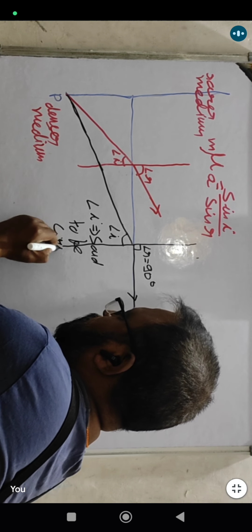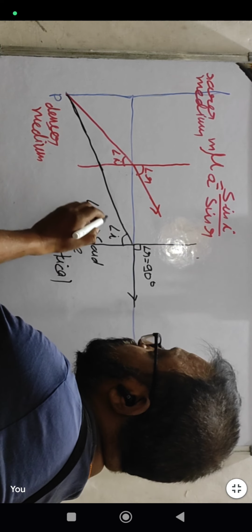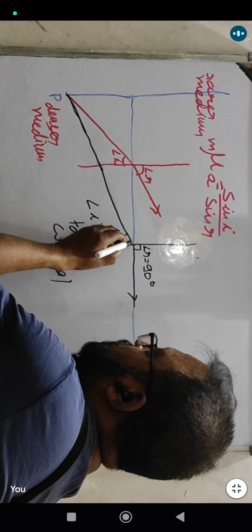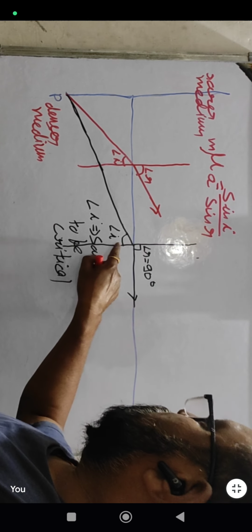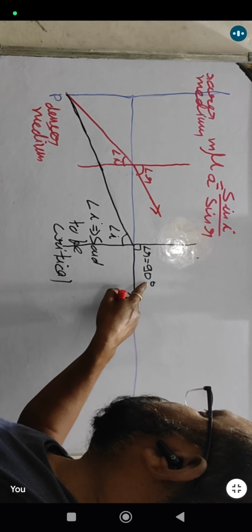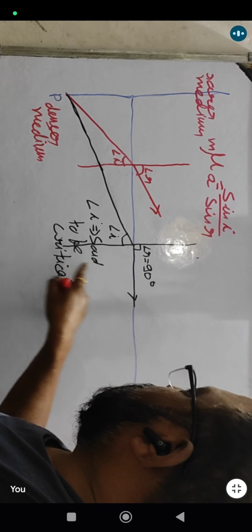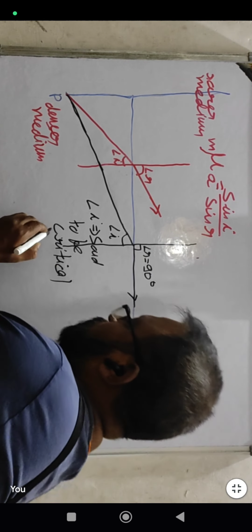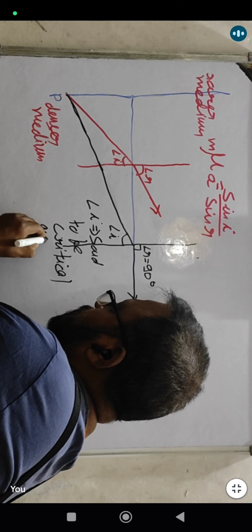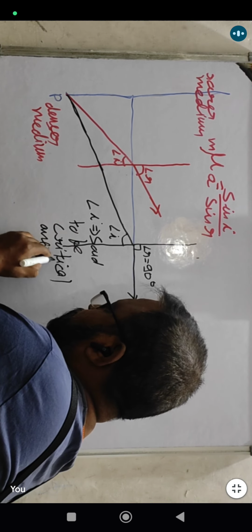Critical angle means that value of the angle of incidence for which the angle of refraction is 90 degrees. That is called the critical angle.